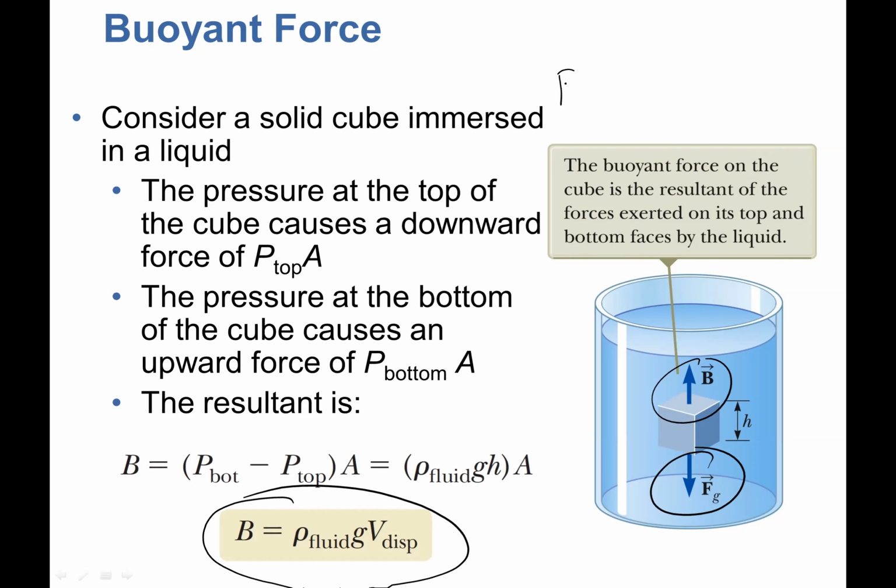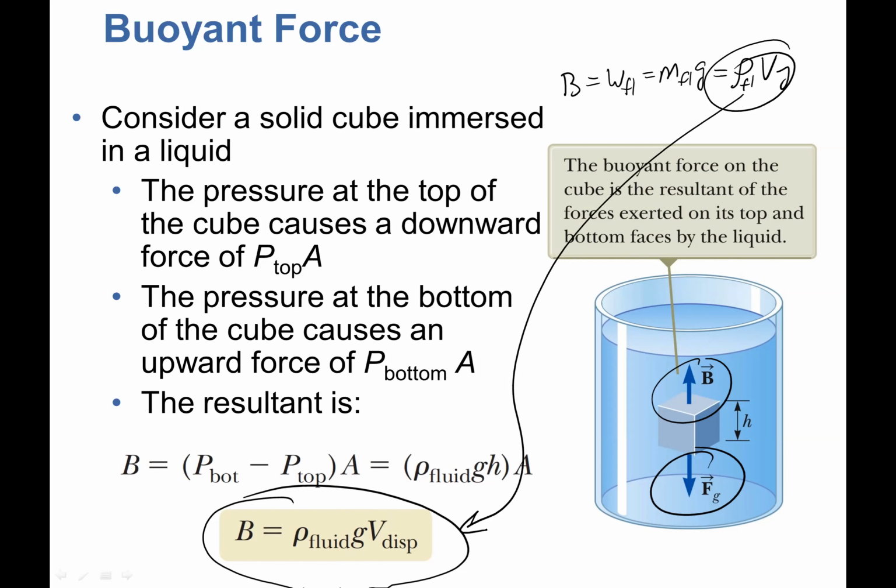Here's why. The buoyant force is equal to the weight of the displaced fluid, and weight is the mass of the displaced fluid times g. But remember, I said that every time in this chapter, mass will be replaced with density times volume. So the buoyant force is equal to the density of the fluid times g times the volume of the displaced fluid, meaning how much was displaced.